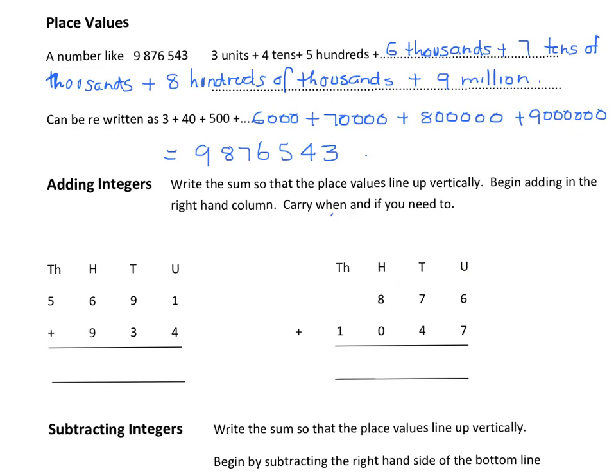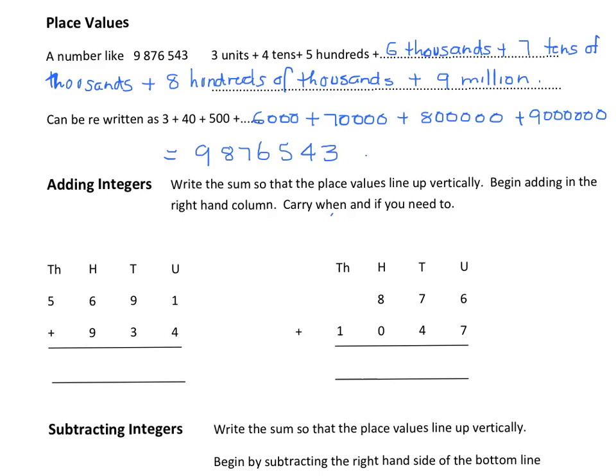And then write the numbers so that the digits line up with their correct place values: 876, 1047. Now we begin to add the numbers, and when we begin to add numbers, we begin in the right-hand column, and that's the units column, and then we carry when and if we need to.